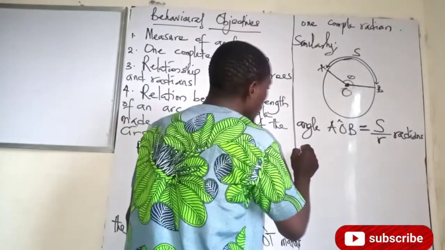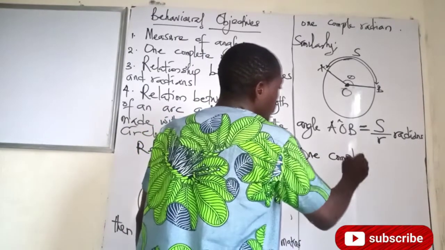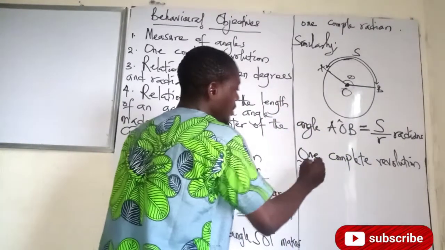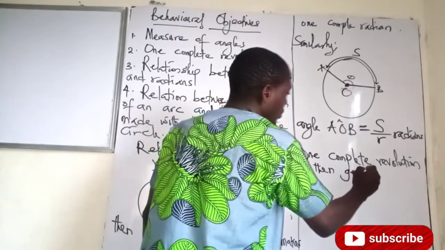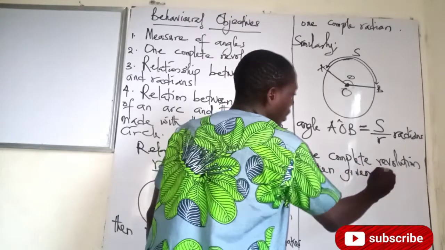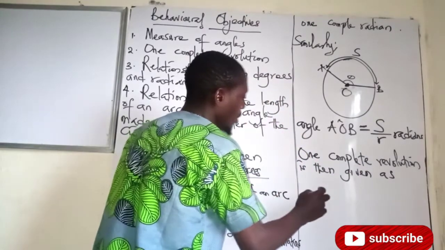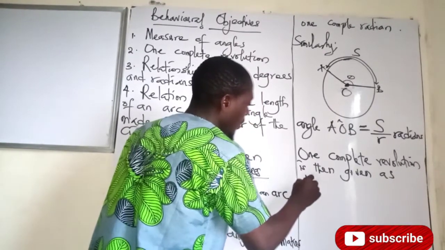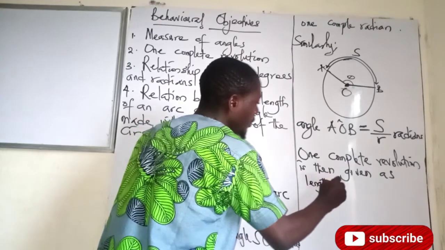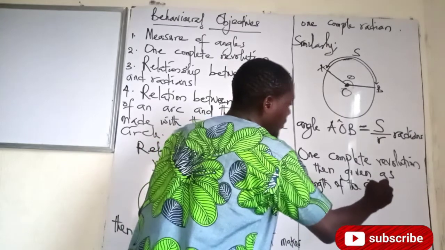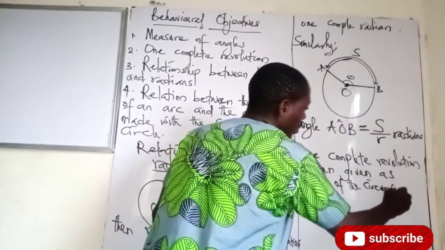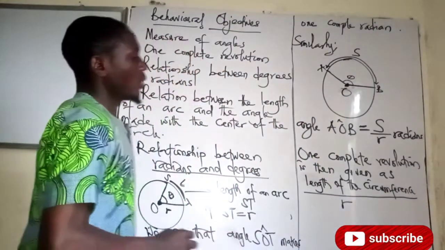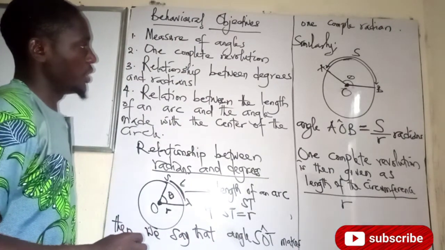One complete revolution is then given as the length of the circumference all over the radius.